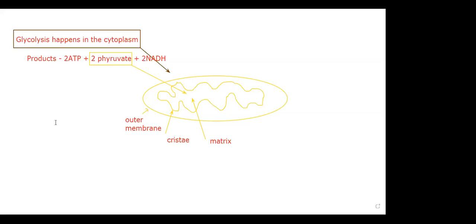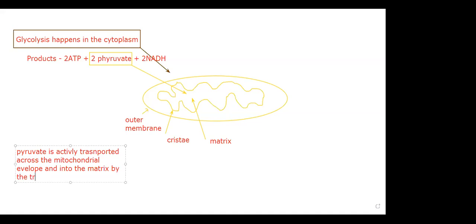So you can write it down here. Pyruvate is actively transported across the mitochondrial envelope and into the matrix by the transport protein.